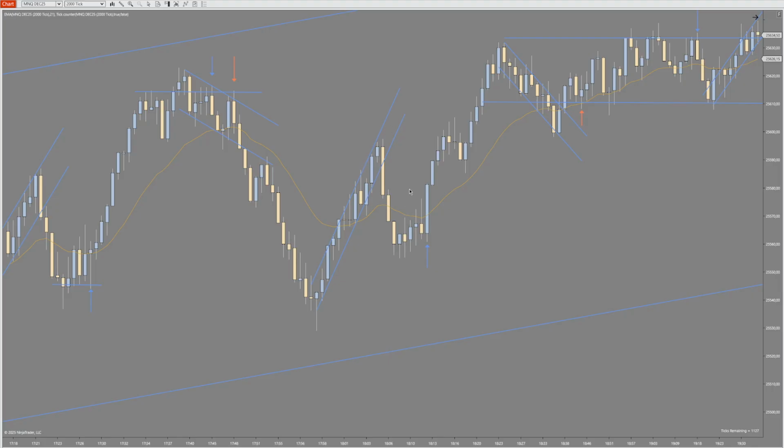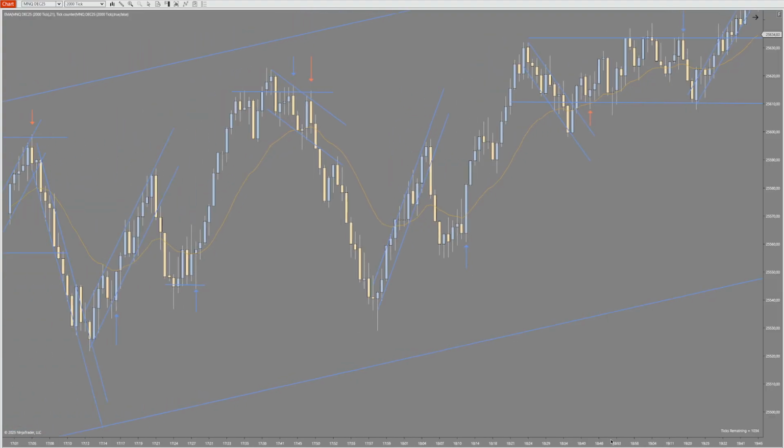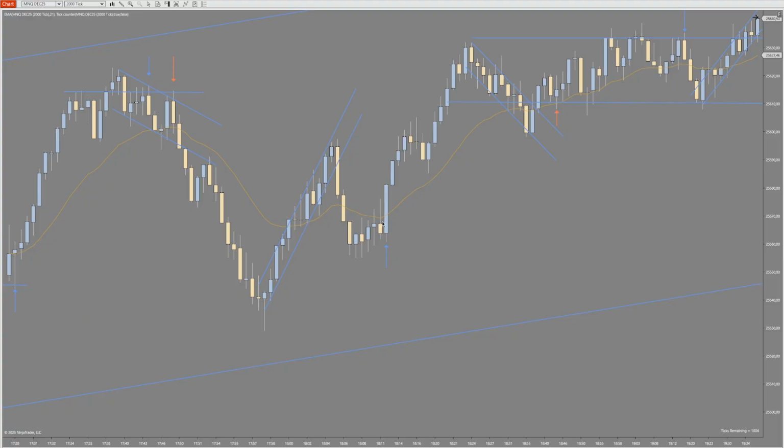The first entry, second entry, it's big bar, but just keeps confirming the trend throughout the day. And this has a very high probability of succeeding.